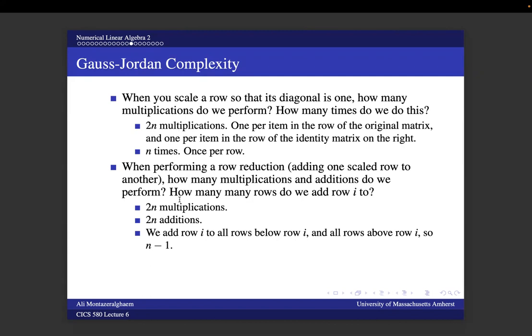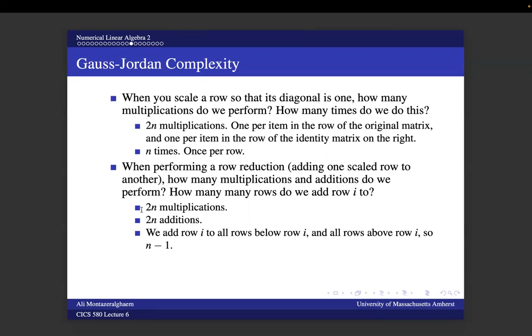Also, when performing a row reduction, adding one scaled row to another, how many multiplications and additions do we perform? Or how many rows do we add row A to?